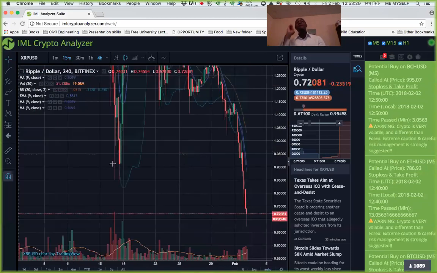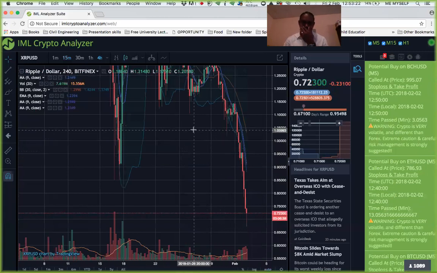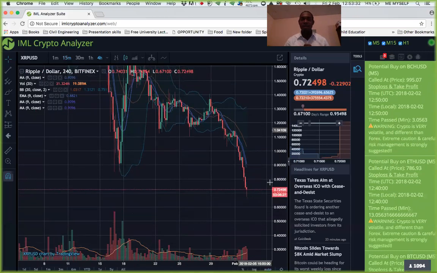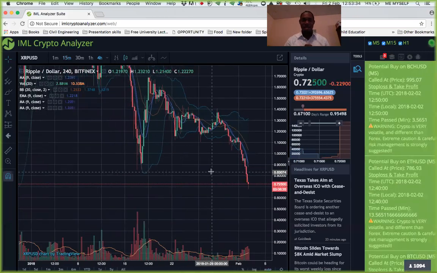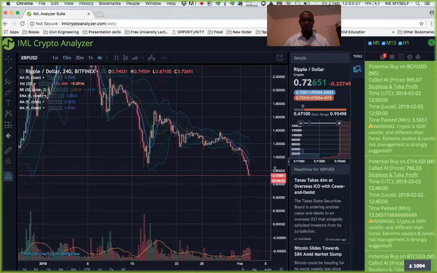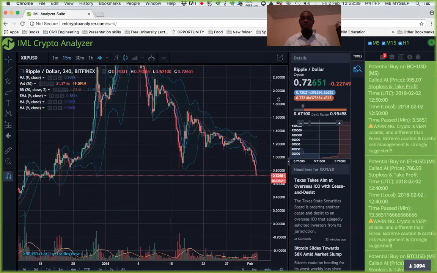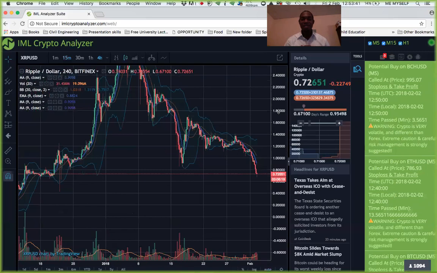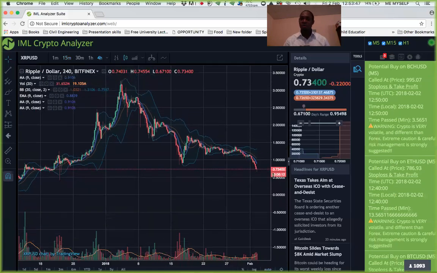So we go to our 4-hourly chart, and we want to mark off where our bends are going to be. Yeah, the trend is your friend until the bend. So we need to know where our bends are going to be. So let's mark off where our bends have been in the past. We're doing what we call a top-down analysis. Ripple looking like it wants to fly high. We shall wait and see.